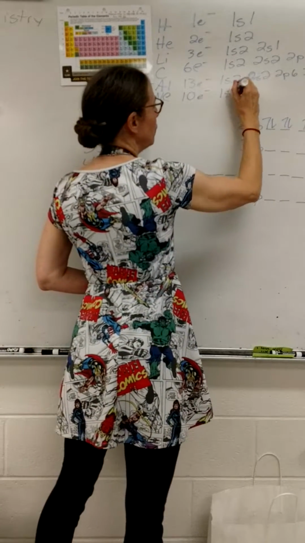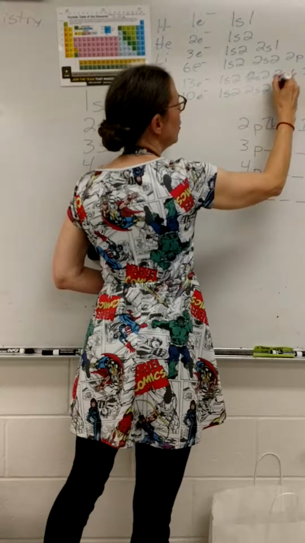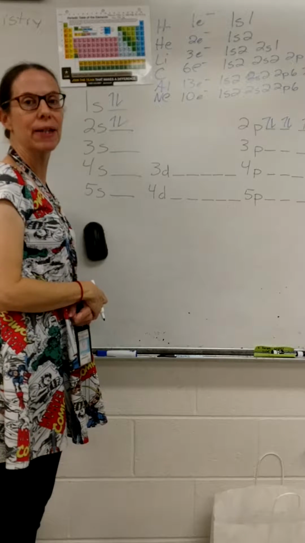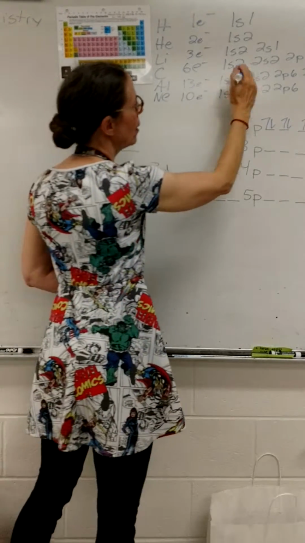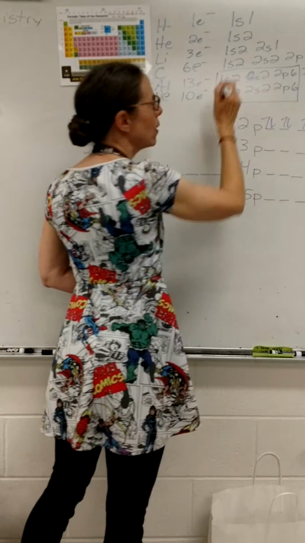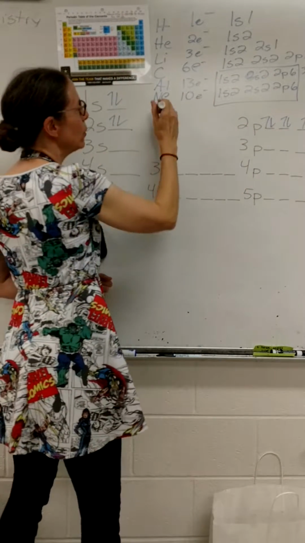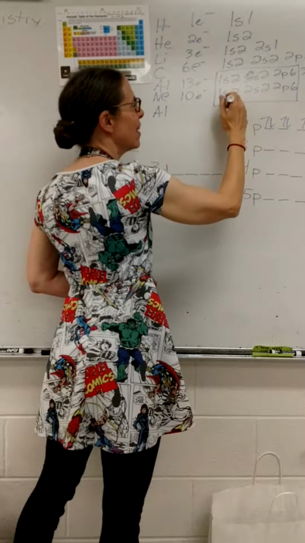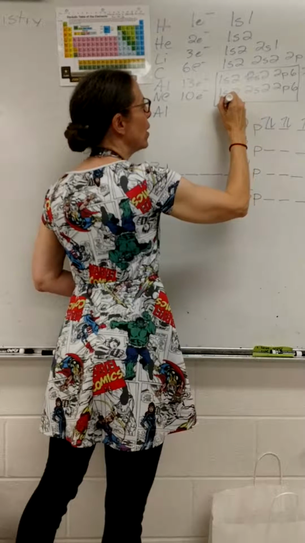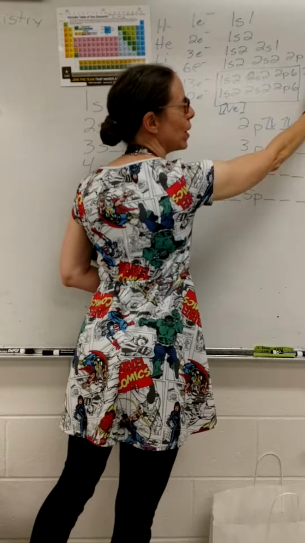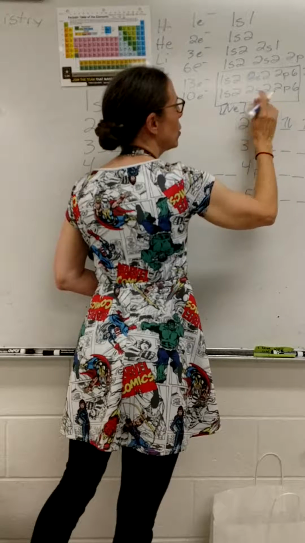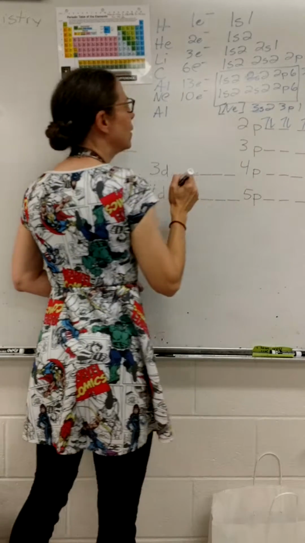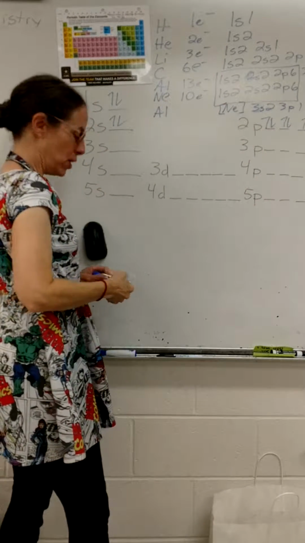So when I write the electron configuration for neon, I write 1s2, 2s2, 2p6. Well, you see that corresponds with this section of aluminum. So when I write aluminum, instead of writing 1s2, 2s2, 2p6, I can take a shortcut and just write neon. And now I just have to write the things that came after that. So I write 3s2, 3p1. And that's how I do the noble gas configuration of aluminum.